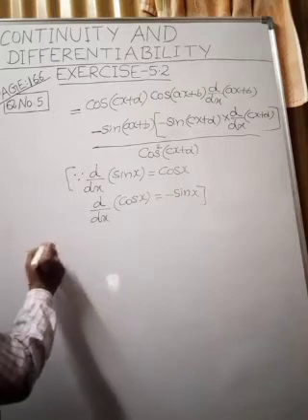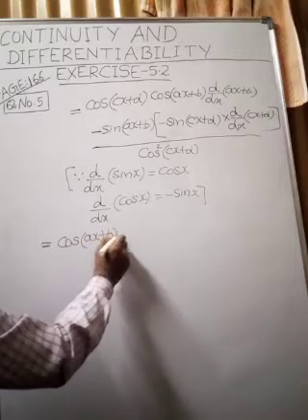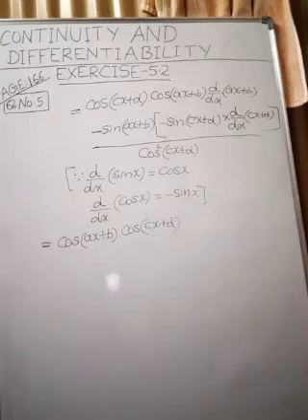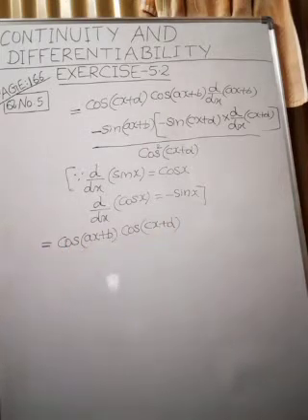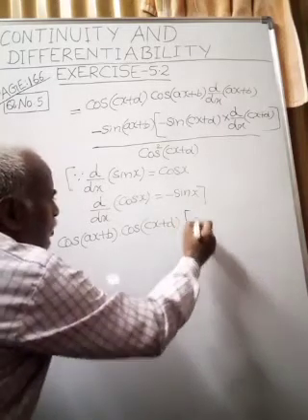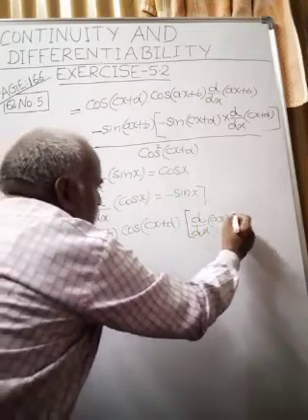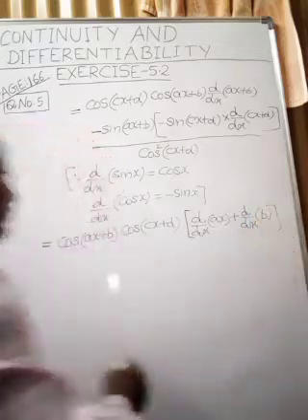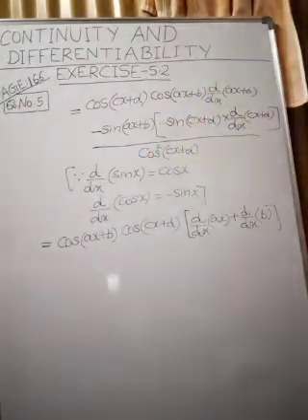This is equal to cos of ax plus b, I wrote this cos of ax plus b first, into cos of cx plus d, into d by dx of ax plus, here plus is there, so we can find the derivatives of these two terms separately.